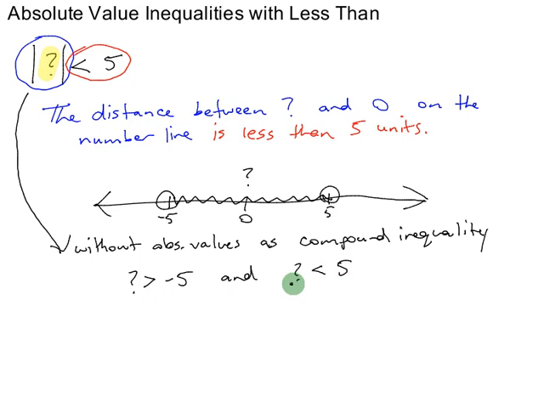So this is an and statement. It has to be bigger than -5 and less than +5. So the idea here is to take this inequality with an absolute value, interpret its meaning on a number line, and then get a compound inequality that we can then solve. Now in this case we would be done, right? This graph here would be the solution, and there's nothing more to do here because we've already solved for question mark.